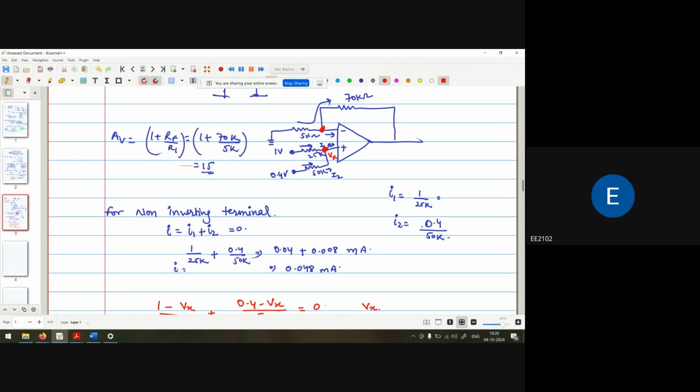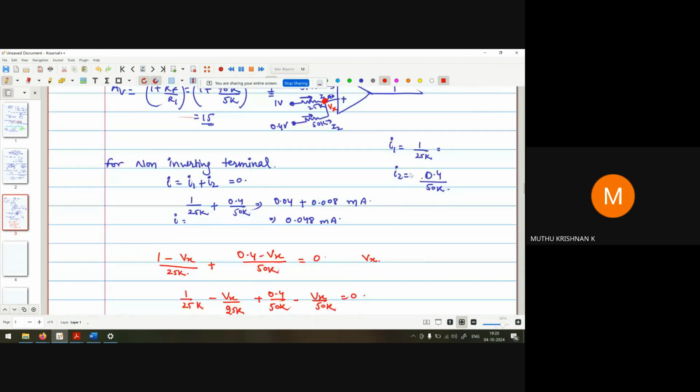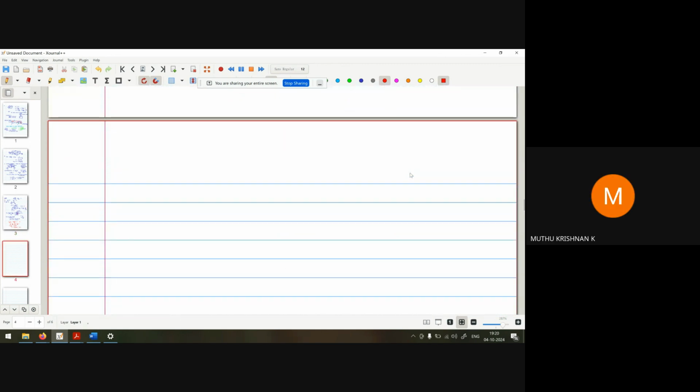So what is the voltage? 800 into 1 plus 70 by 5, in millivolts. If I put that 0, 0 is why?